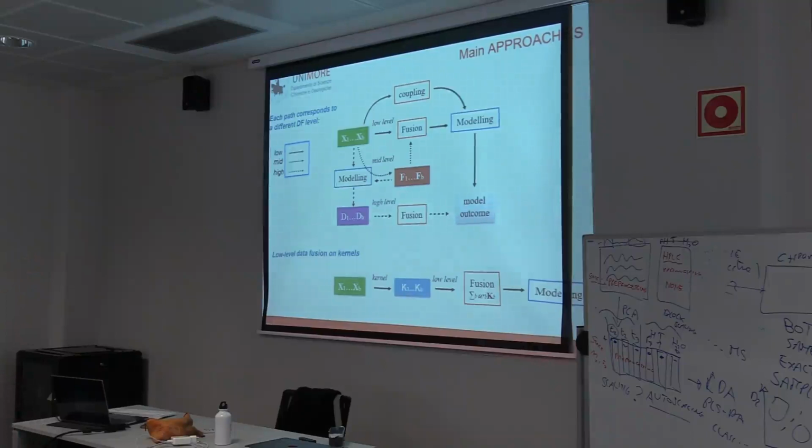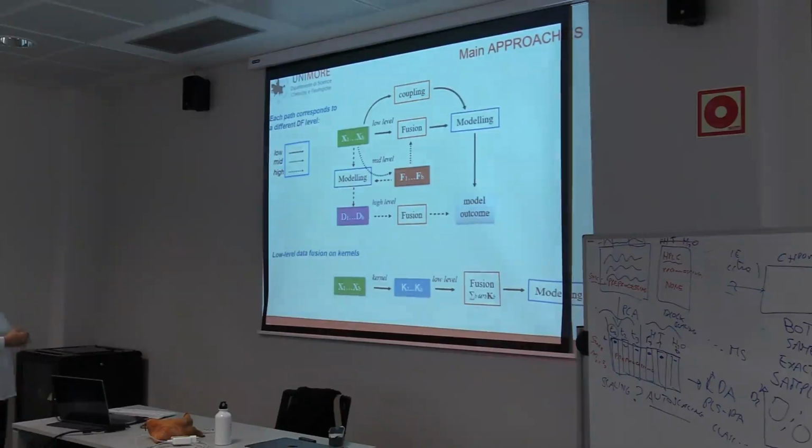There is nothing new in this, but I want to focus your attention on which level the fusion happens. So, if we do low-level data fusion, you follow the solid line. With low-level data fusion, you have your different data sets. I have called them X1, first data set, X2, second, XB is the last block you have, okay?